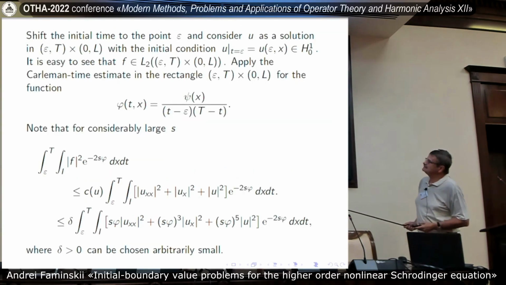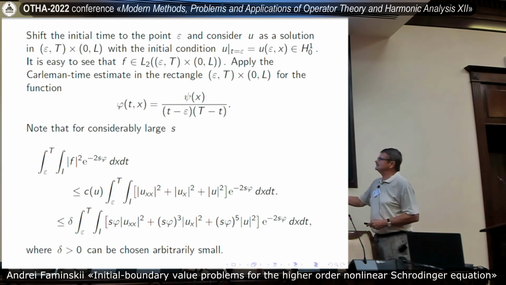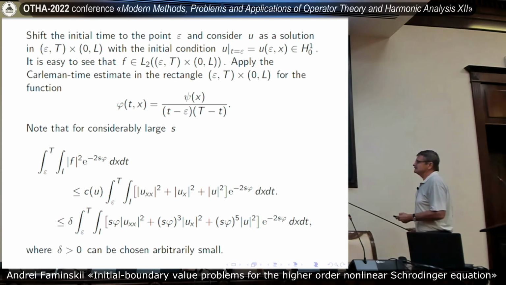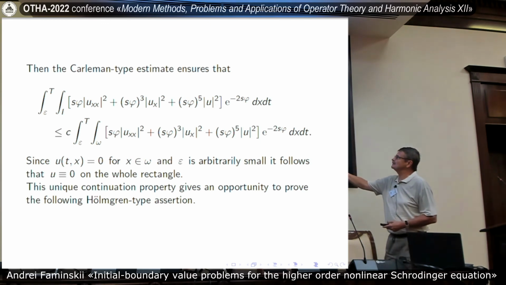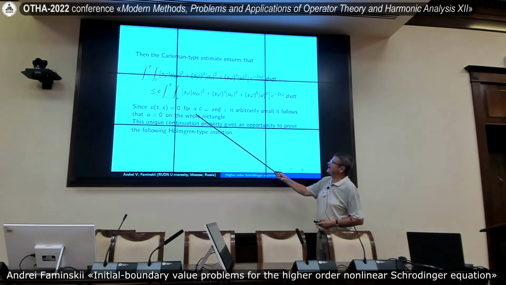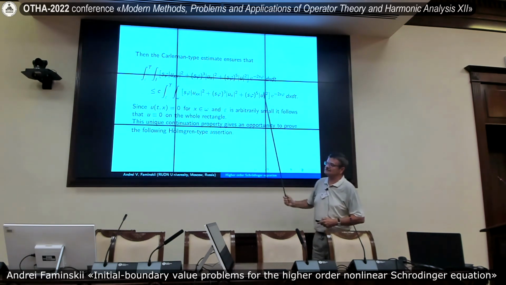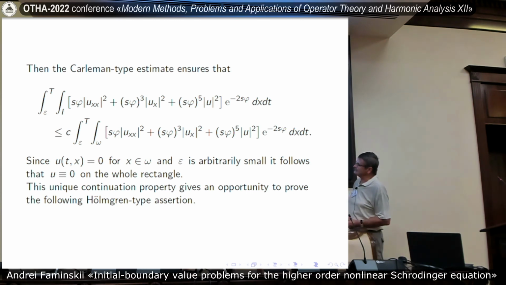Then the right-hand side can be estimated by such a term, and after that the Carleman type estimate ensures the following inequality. And of course, if our solution is 0 for x from omega, then we have 0 in the left-hand side, so our solution is 0 on the whole rectangle.